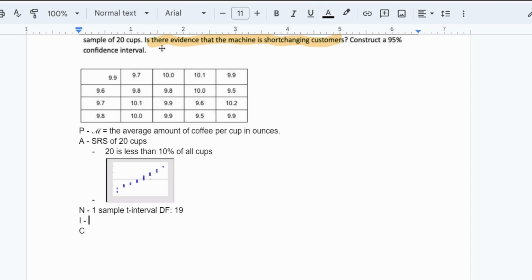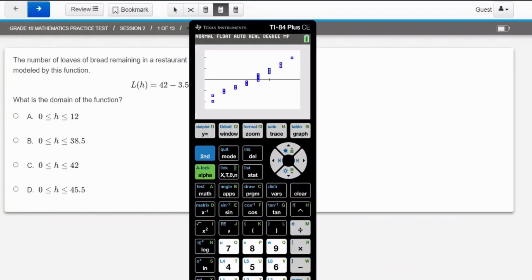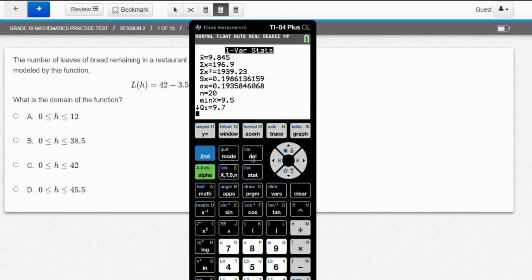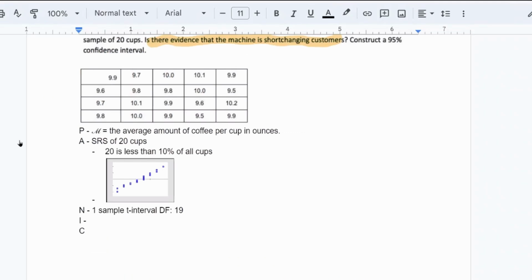So if we go back to our calculator, and we go to StatCalc 1, that will give us the x bar. That is going to be the first part of our problem, which is 9.845. Plus or minus, because we want to see it higher and lower than our mean.